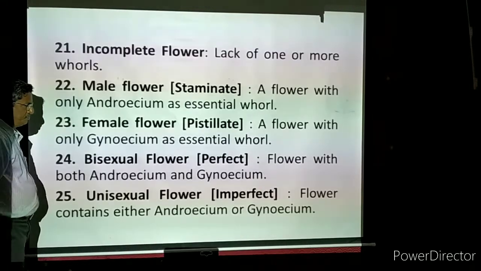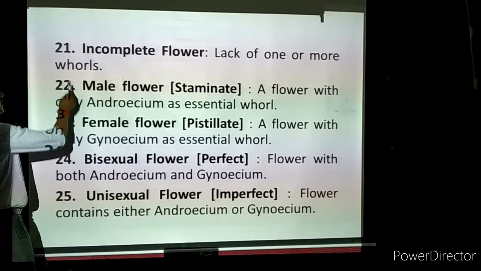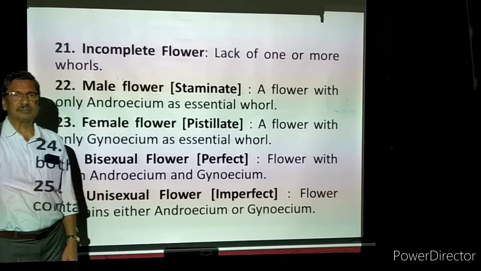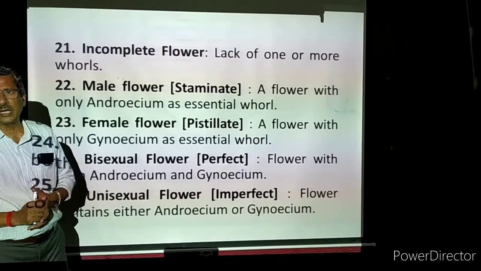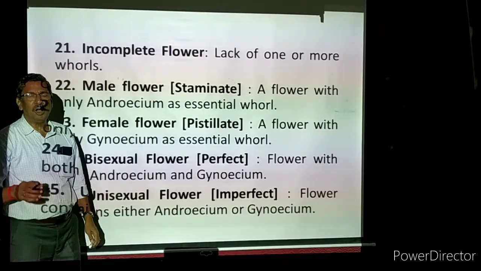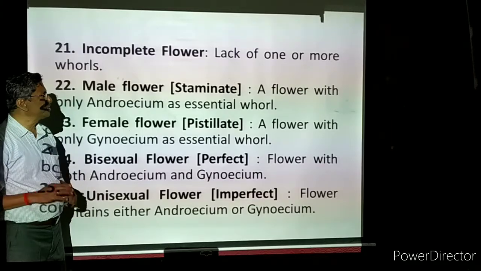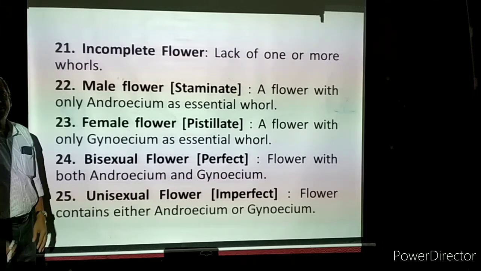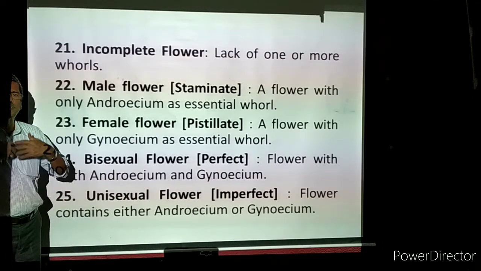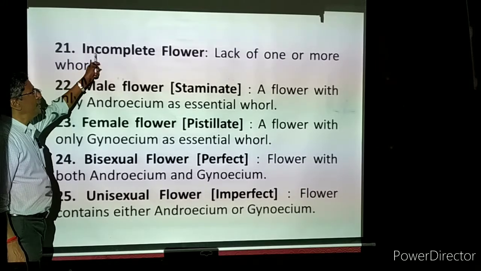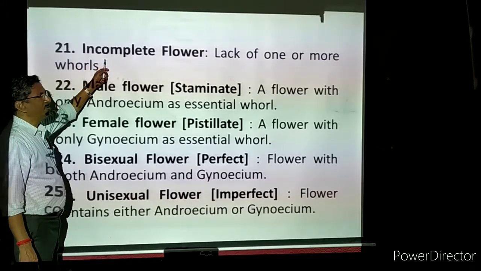Now we come to the next one, incomplete flower. Already I told what a complete flower is: a flower with the 4 whorls. Incomplete flower means 1 or 2 or 3 whorls are absent.